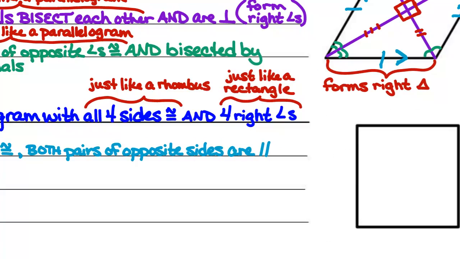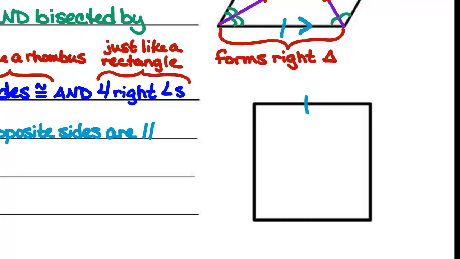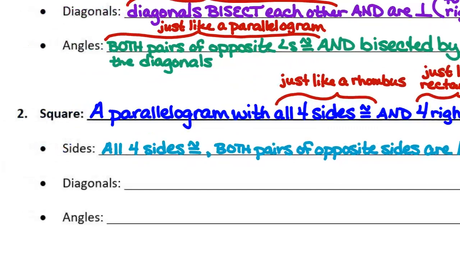So I'm going to mark that just like a rhombus. All four sides are congruent to each other. And my opposite sides, left and right, are parallel. Top and bottom are parallel. So just like a rhombus, just like a parallelogram.